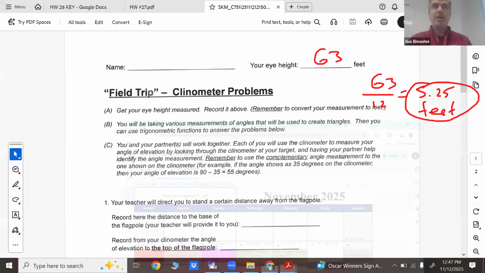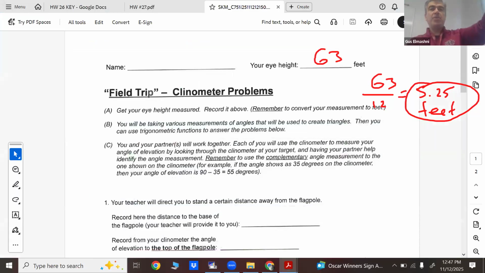All right, so why don't you guys line up and start measuring your eye heights, and have your partner record it for you. His eye height, not his eye height. No, Braden, his eye height.